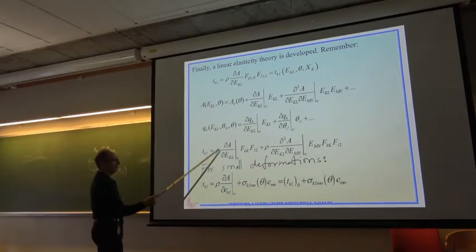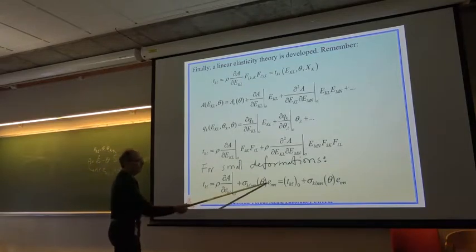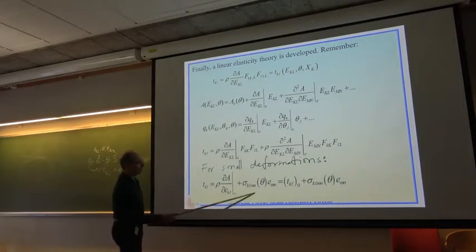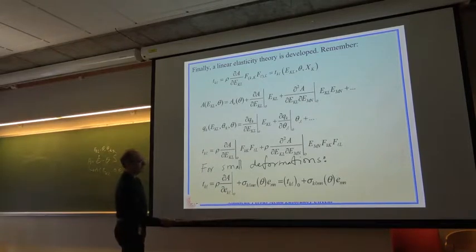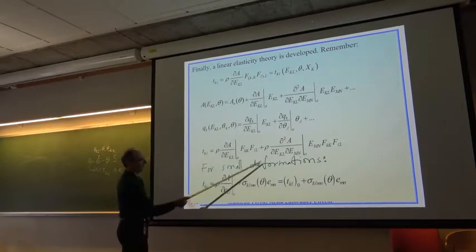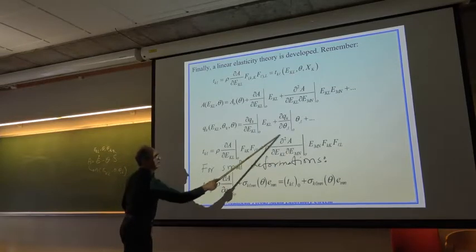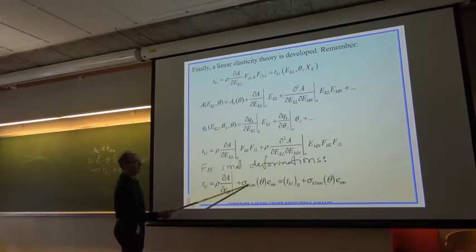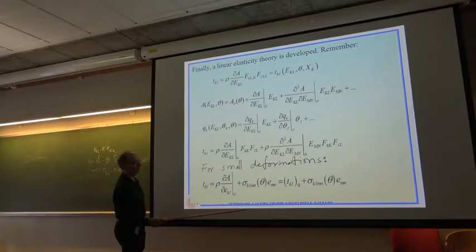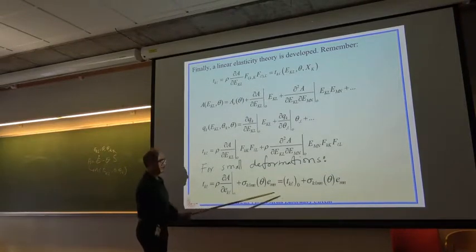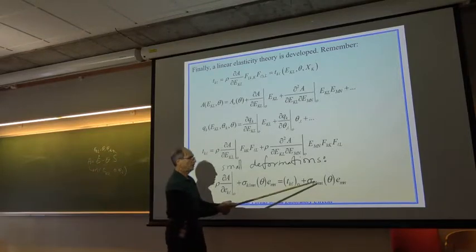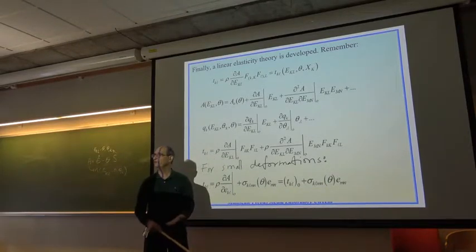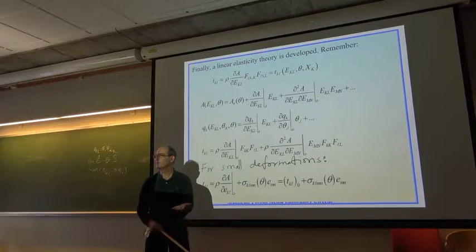So I get here a constant, and a fourth rank tensor multiplying the strain tensor. This is because it's the second derivative of the energy with respect to motion. So the stress tensor has some initial state of stress plus whatever you get as a result of deformation.